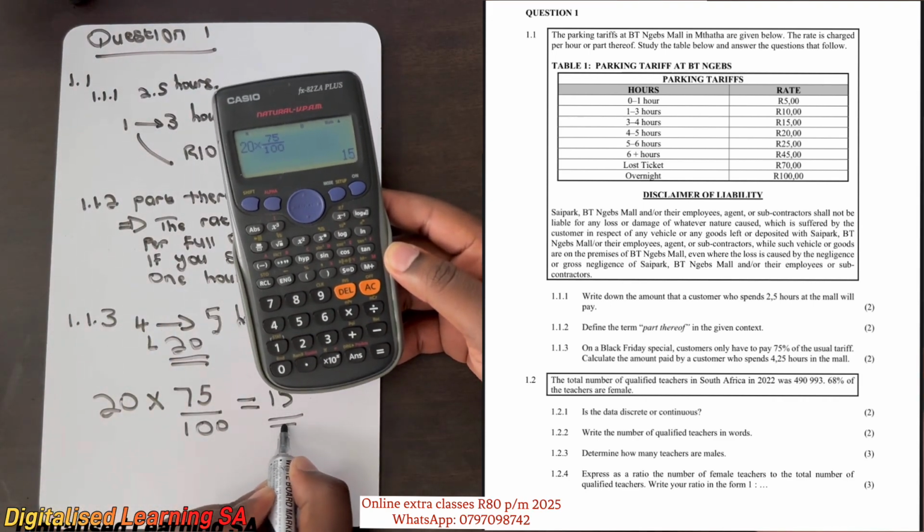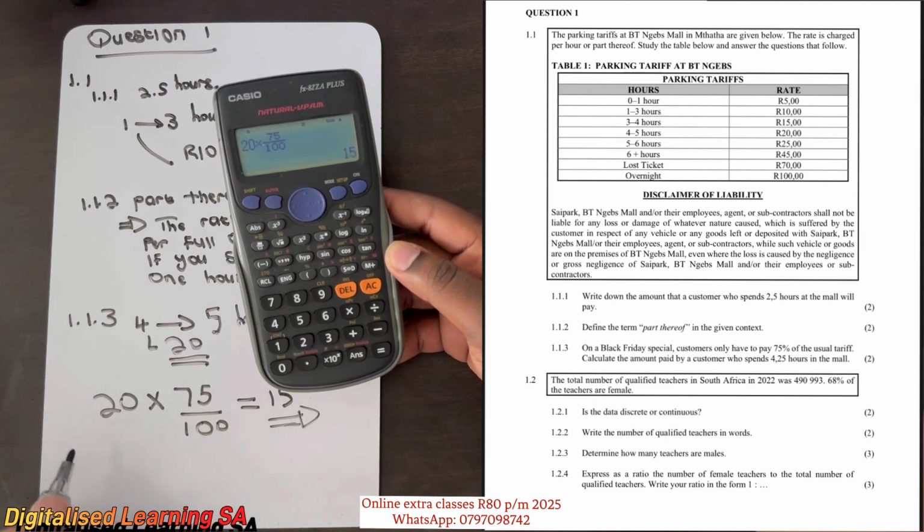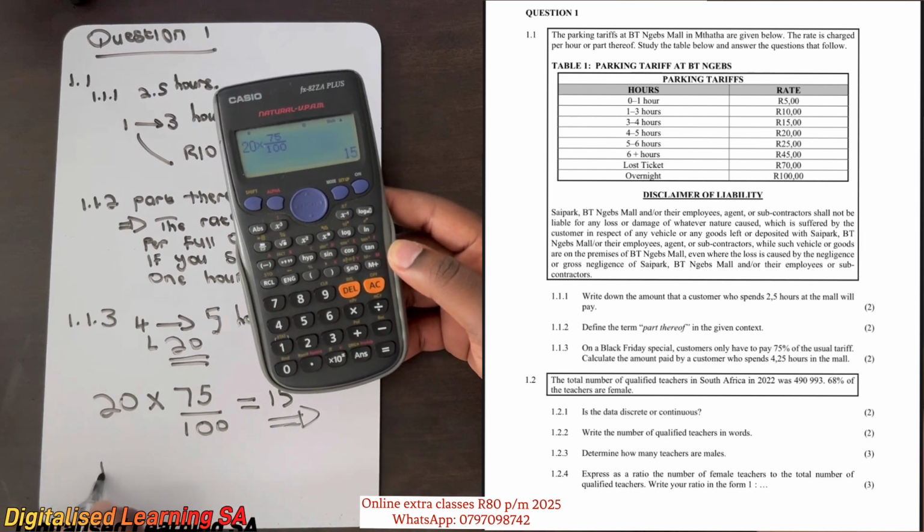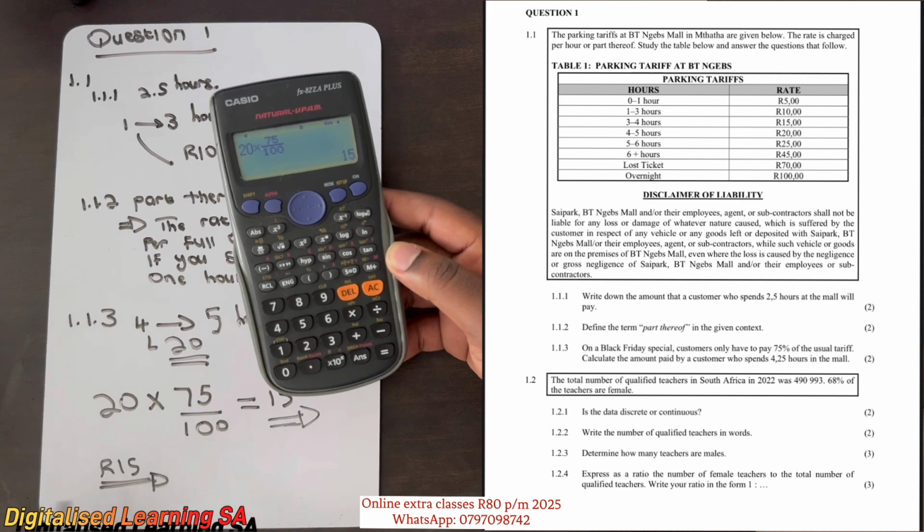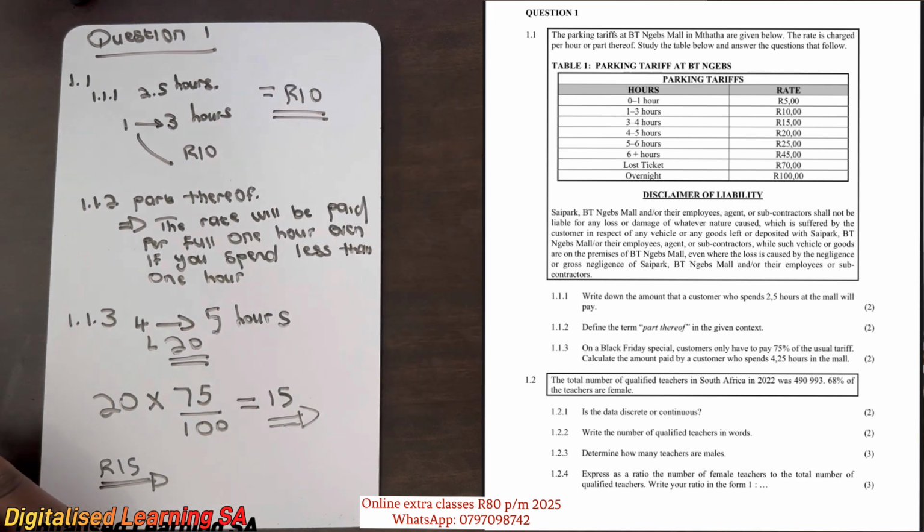So 15 rand will be our final answer, and we include an R to show that it's a price. Now we are done with question 1.1 and we will be moving to question 1.2.